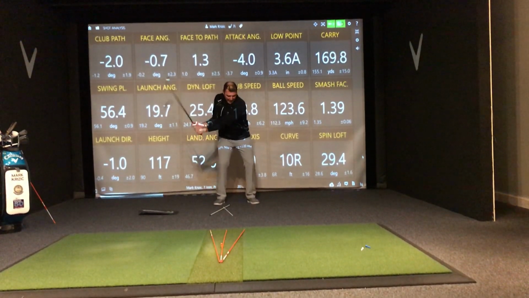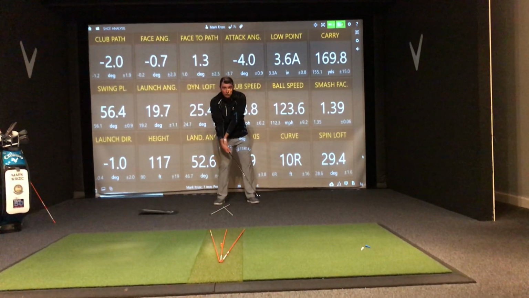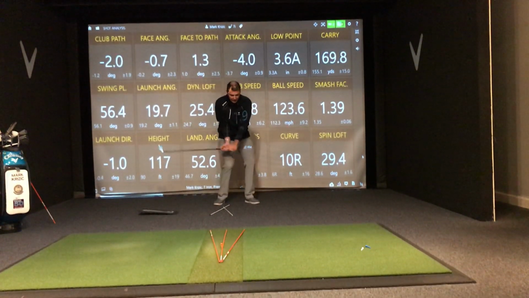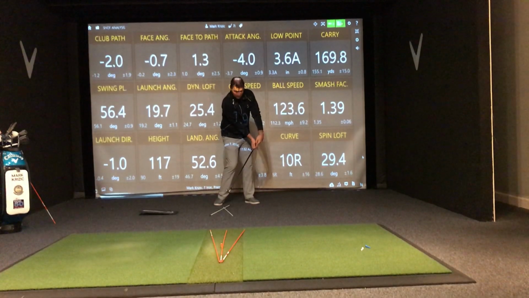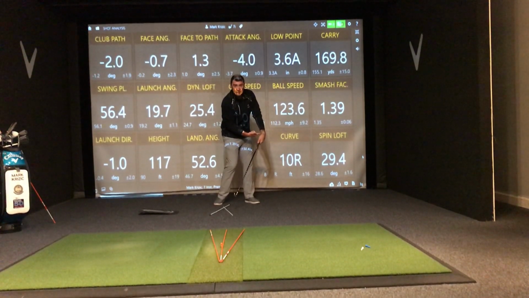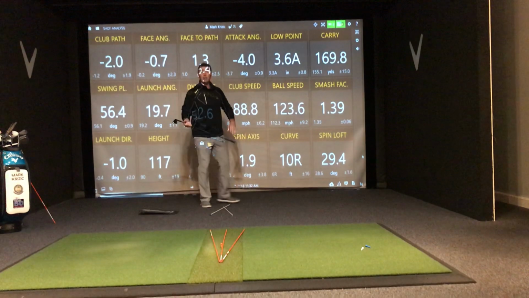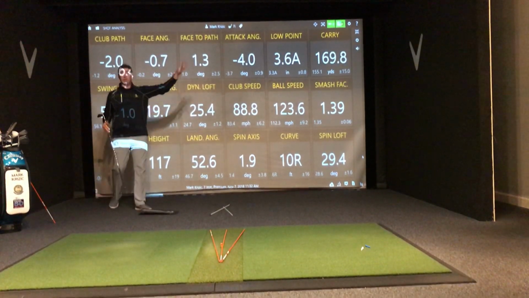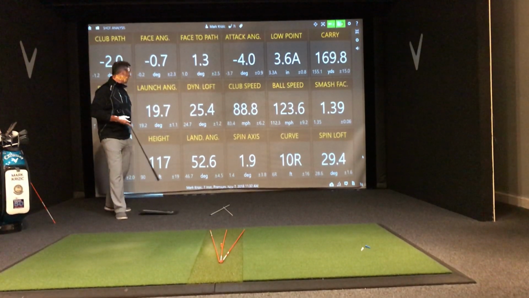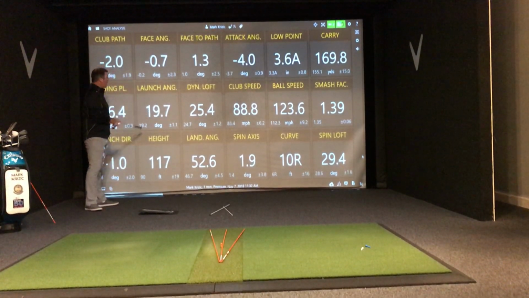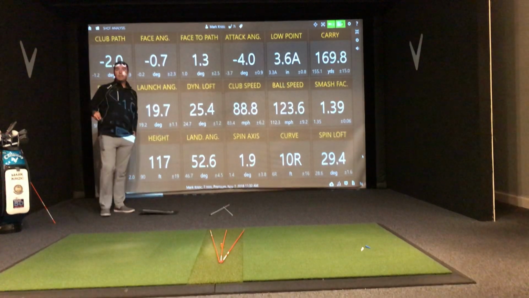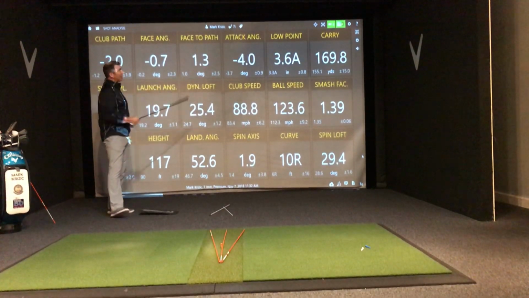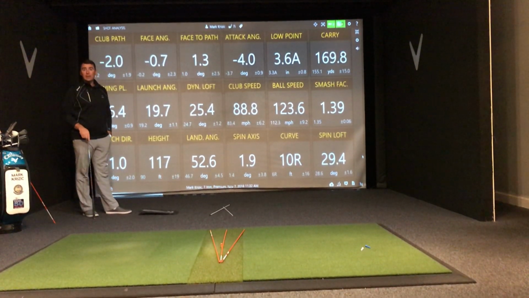This is a high launch angle. Obviously, hands in front, bowed left wrist, lower attack angle, lower launch angle produces further golf shots. I would want to work on my launch angle to get it down to a 15 or 16 so that my 7-iron carry is a little bit further.